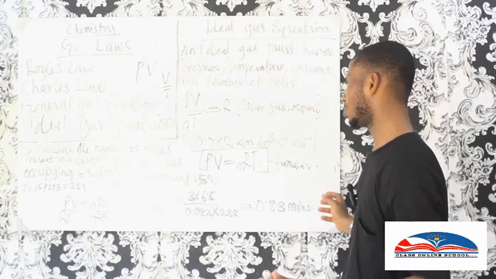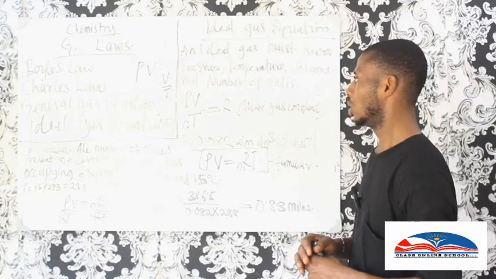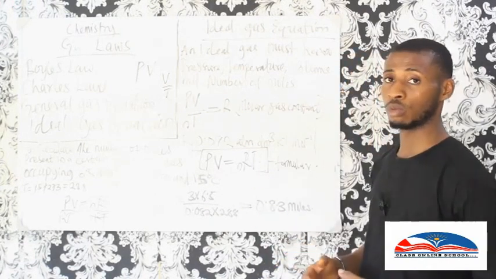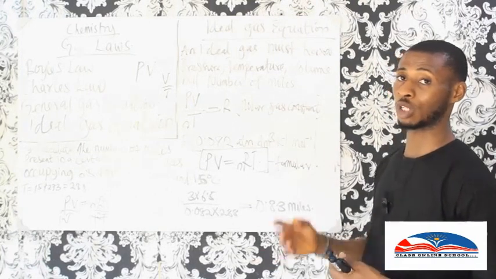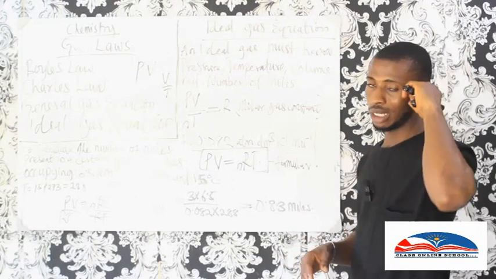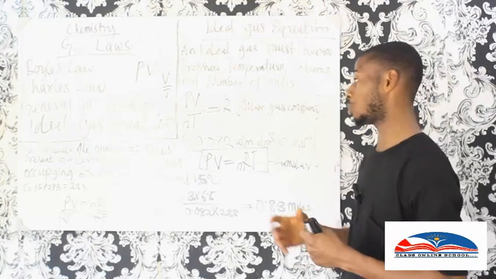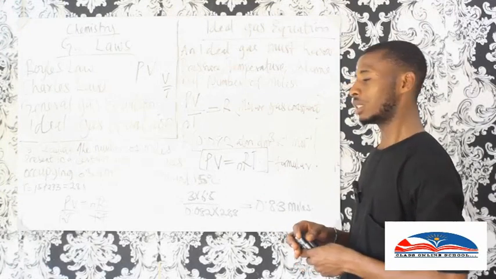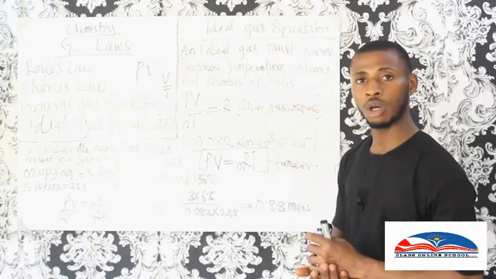I know that with this we have done justice to the ideal gas equation. You remember Boyle's law is talking about pressure and volume: pressure is inversely proportional to volume provided that temperature is constant. Charles' law says volume is directly proportional to temperature provided that pressure is constant. The general gas equation is the combination of Charles' law and Boyle's law.